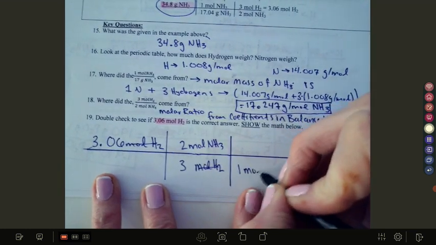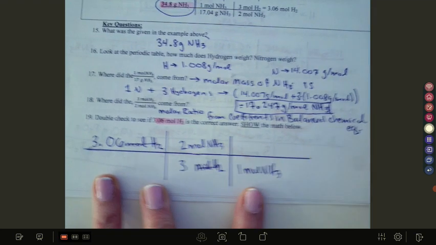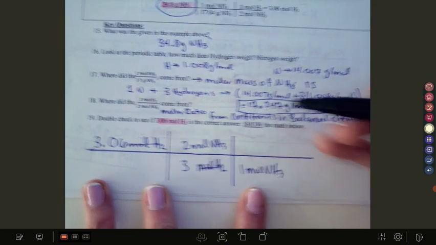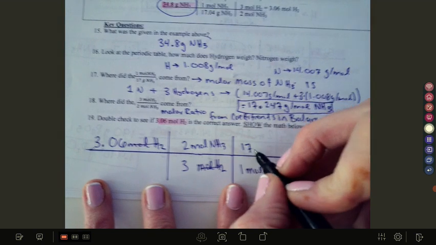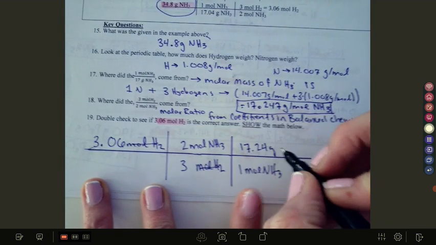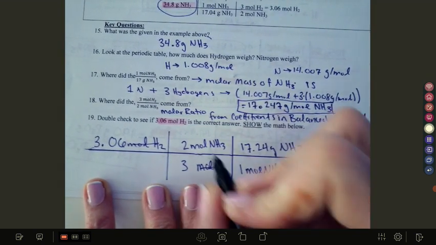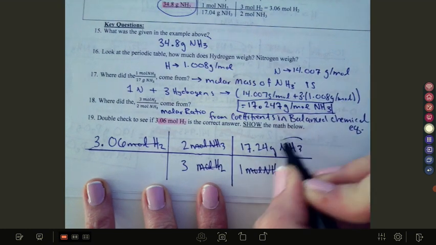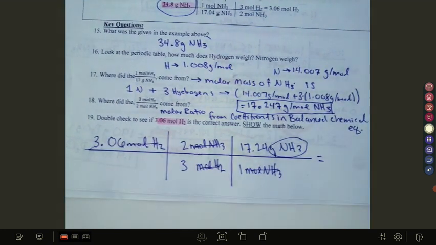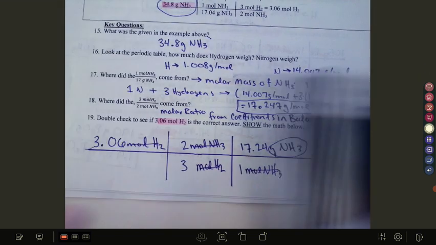Okay, so 1 mole of NH3, we're going to use the molar mass that we already found, which was 17.247 grams. Now our moles of ammonia cross off, and we're in grams of ammonia, and that's how we know we're done. Now we're just going to multiply by what's on top and divide by what's on bottom, and then round to 3 sig figs.